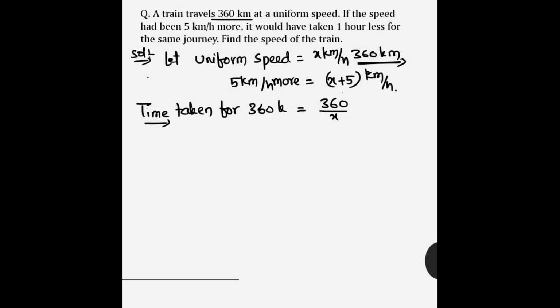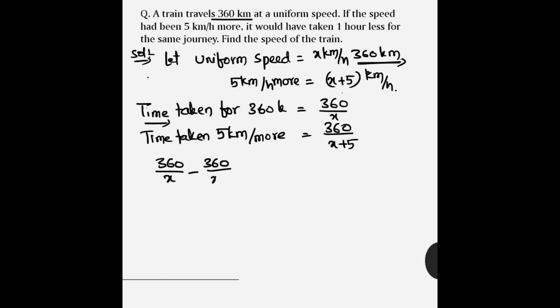The time taken for the 5 kilometers more speed will be 360 divided by x plus 5. So from the question we can write 360 divided by x minus 360 divided by x plus 5 is equal to 1, the total difference of one hour.